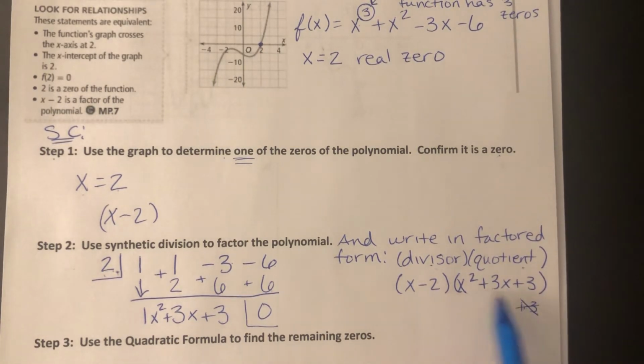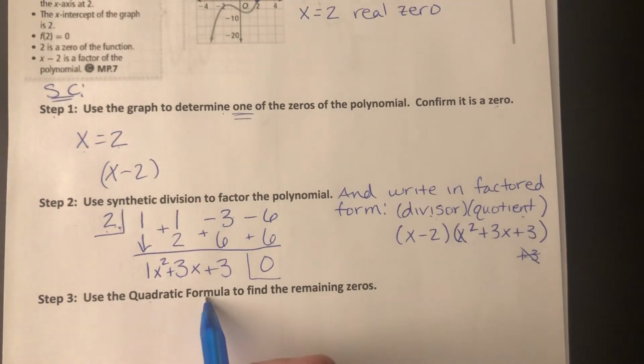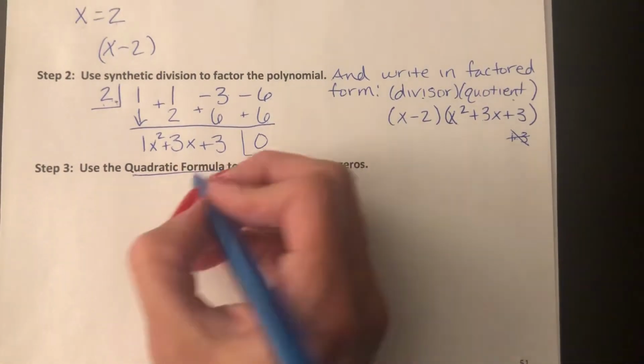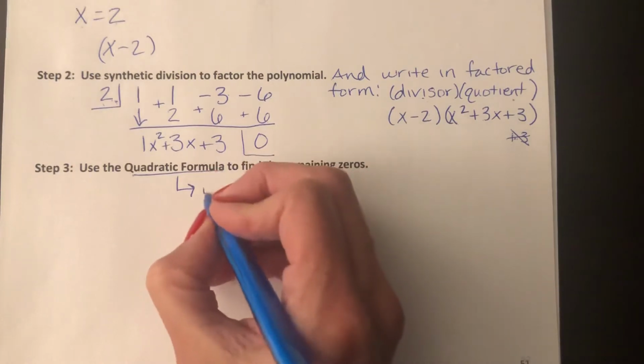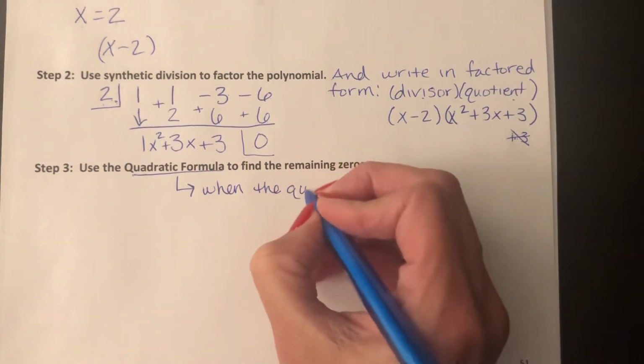So this is not factorable. In this case, when you come across a problem that can't be factored, you have to use the quadratic formula to find the rest of the zeros. So the quadratic formula is used when the quotient cannot be factored.